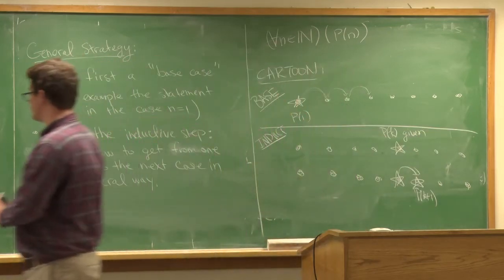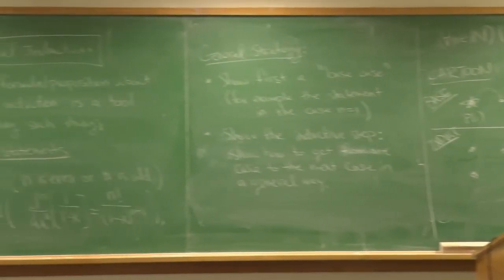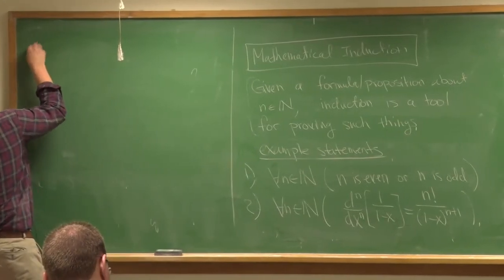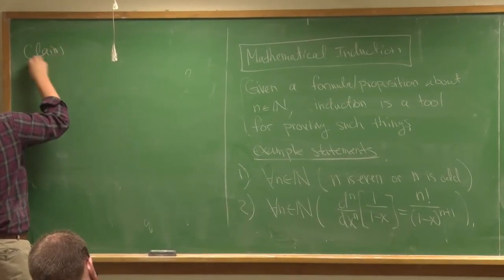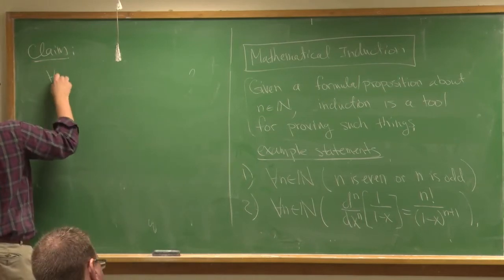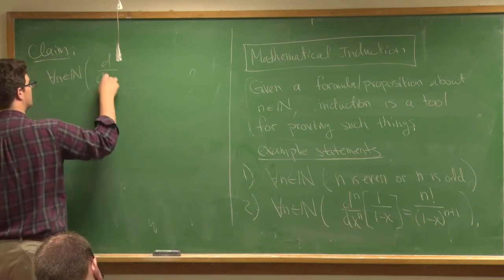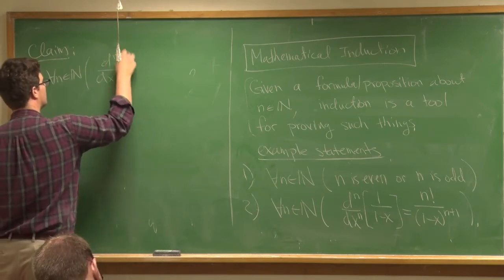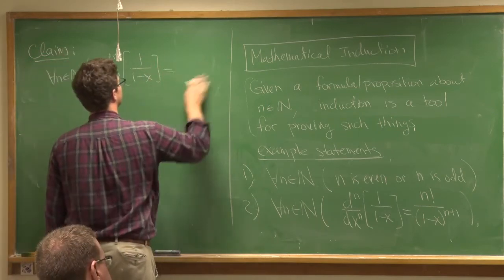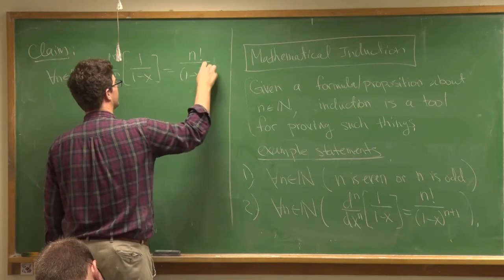In practice, this is what it looks like. Let me show you how it looks in this example. Here's the claim: for all n in the natural numbers, the nth derivative of 1 over 1 minus x is equal to n factorial over 1 minus x to the n plus 1.